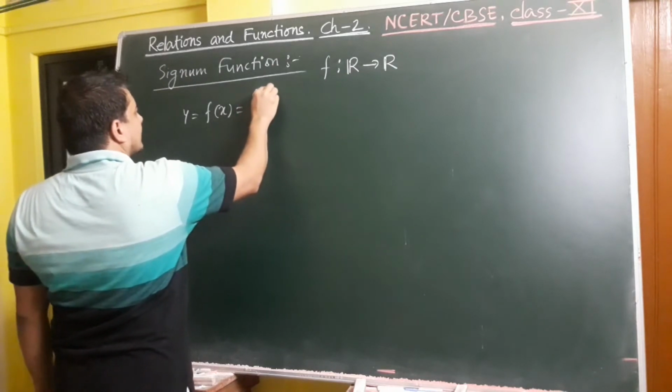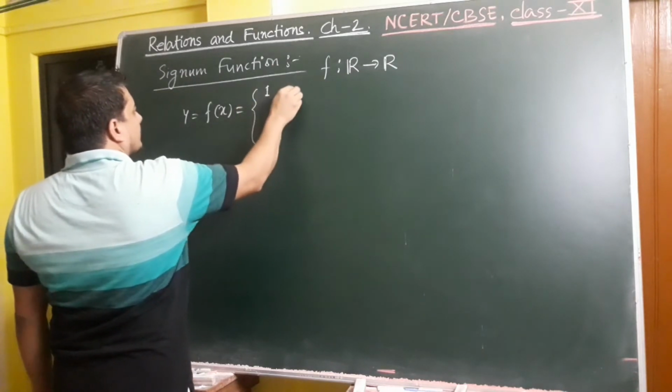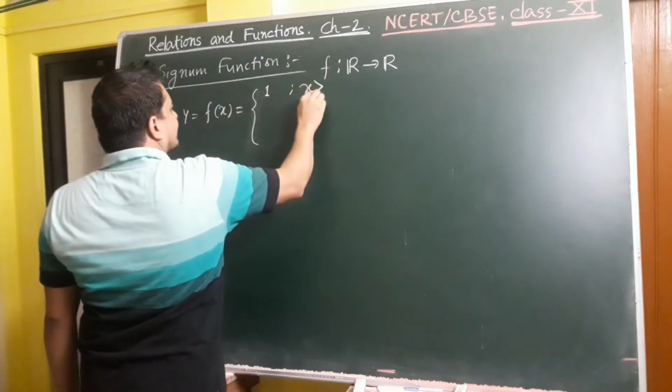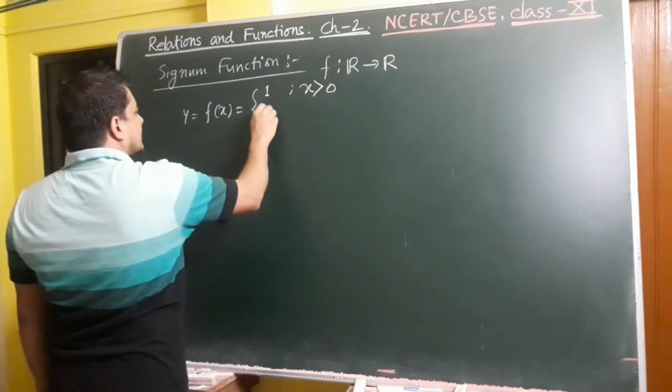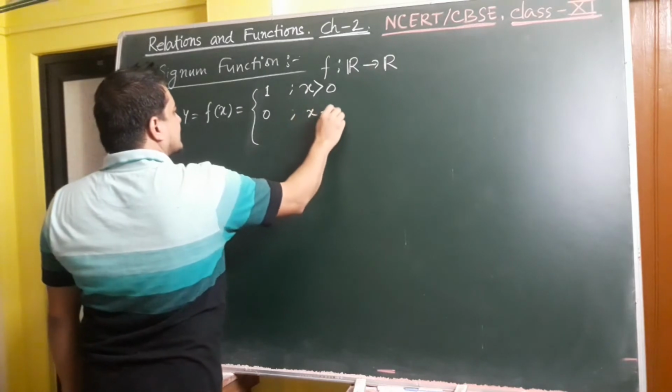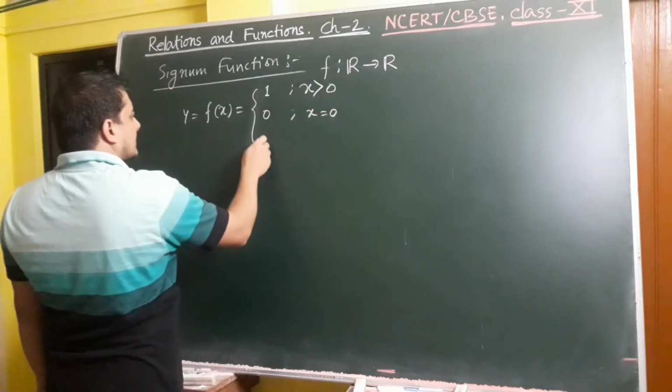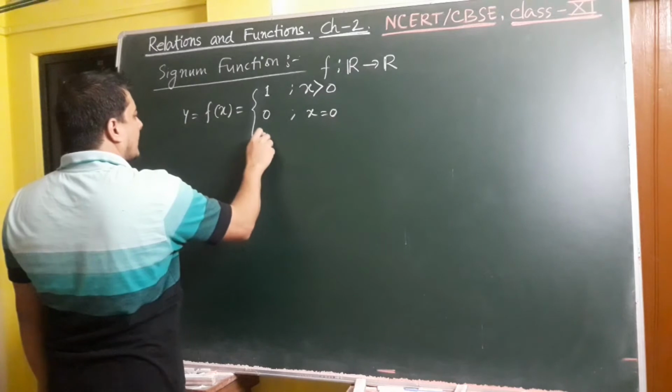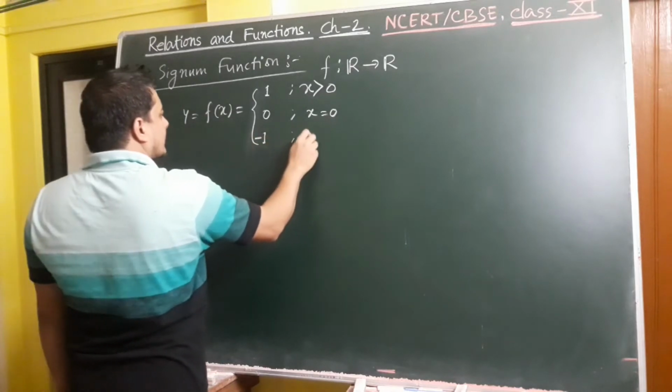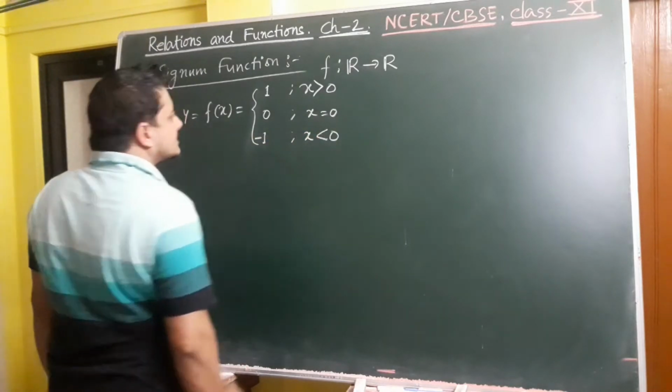One is plus 1, for x greater than 0. Then 0, for x equal to 0. Then minus 1, for x smaller than 0.